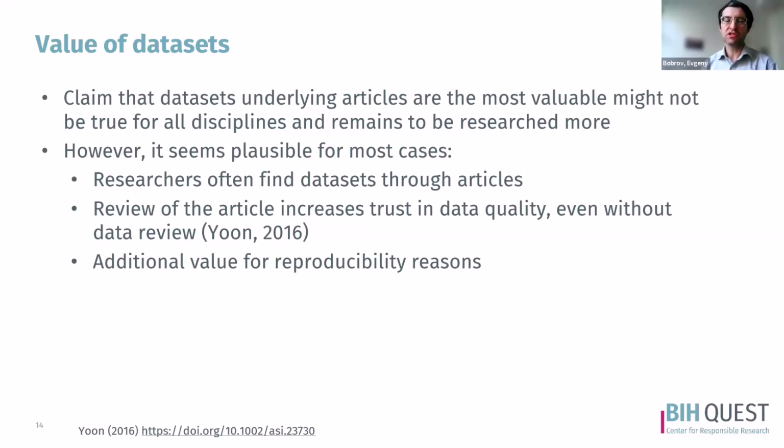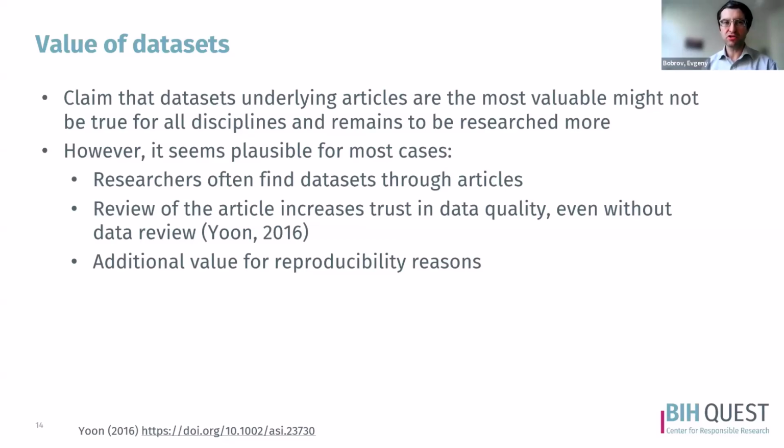Partly because researchers typically find data sets through articles, at least right now, and also because the review of the article itself, even if no particular data review takes place, translates to a certain increase in trust towards the data set.